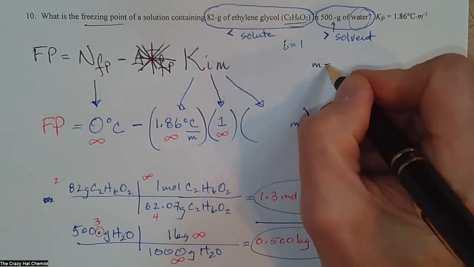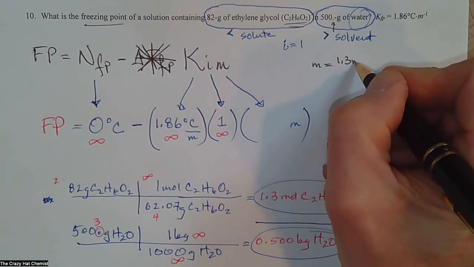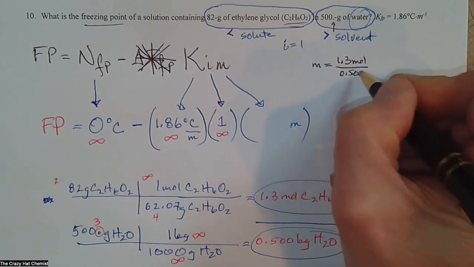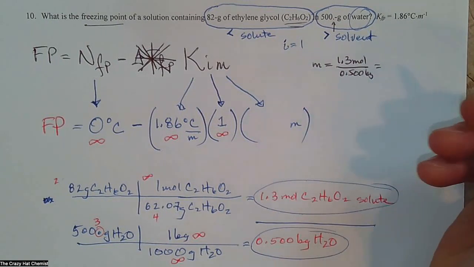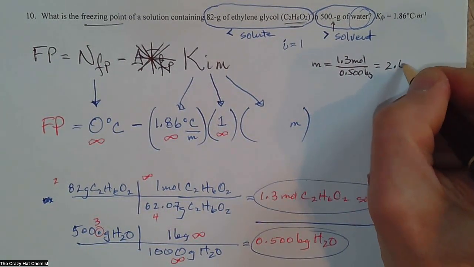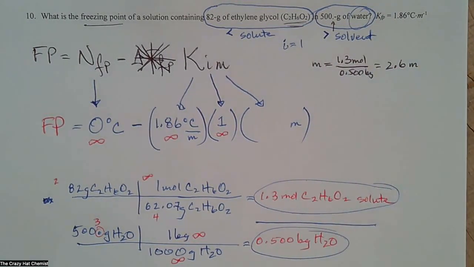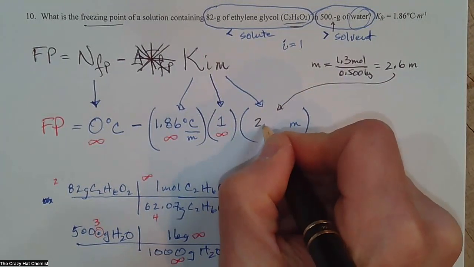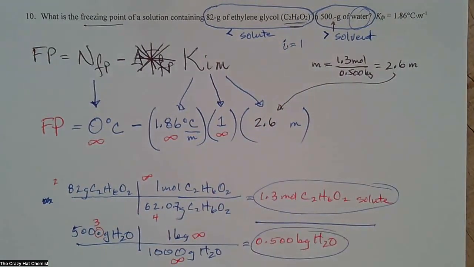So molality is equal to 1.3 moles of solute divided by 0.500 kilograms of solvent. And that number is going to equal 2.6 molal. And that number is going to go right here. 2.6 molal. So that's the moles of the solute, which is the ethylene glycol, divided by the kilograms of the solvent, and that is the water.